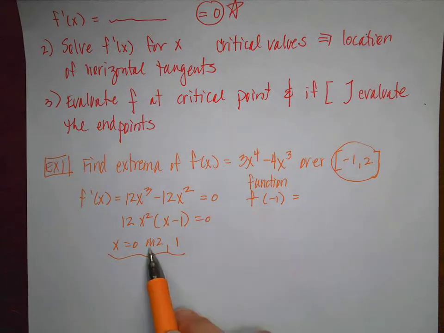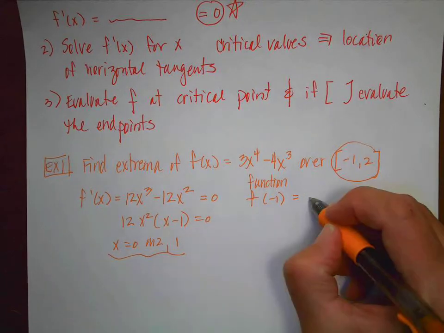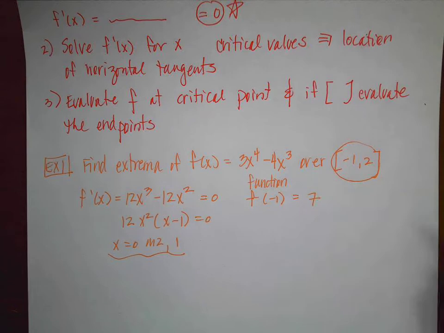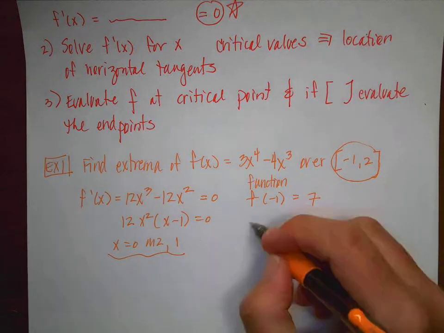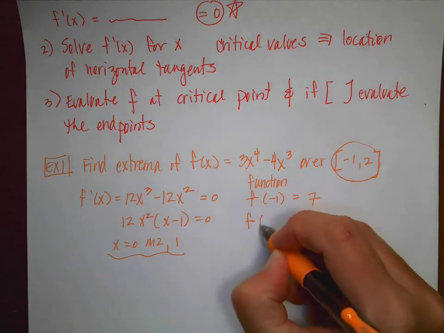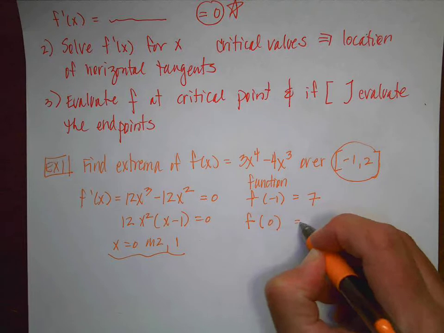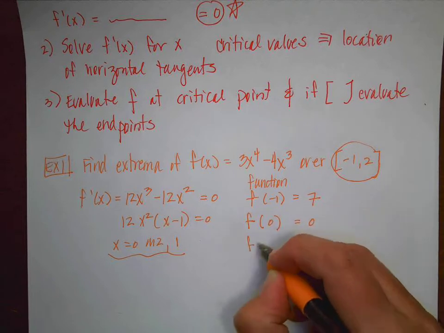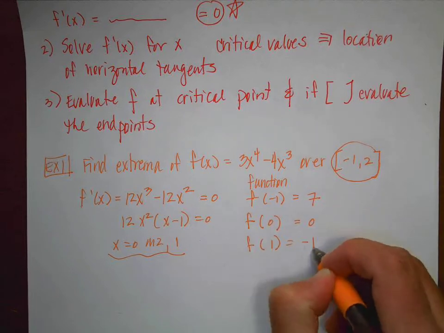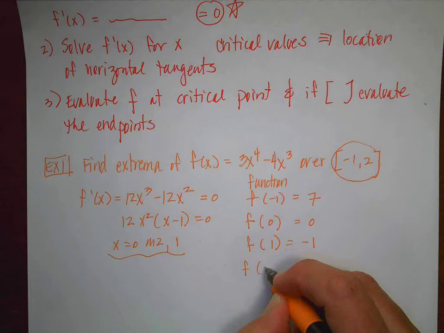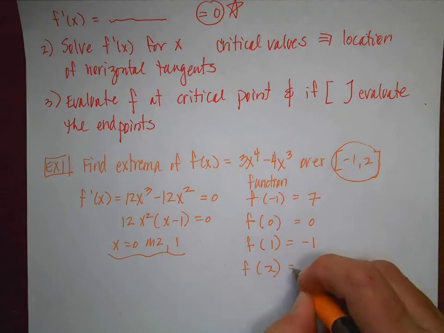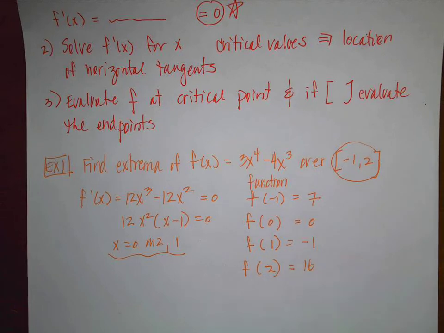Okay, so I'm going to evaluate the original function at the critical values. So when I do this math, I get 7, and I'm going to assume you can do that math. And then when I evaluate the function at 0, I would get 0. When I evaluate it at 1, I get a -1. And f of 2, which is the endpoint, is going to be 16.